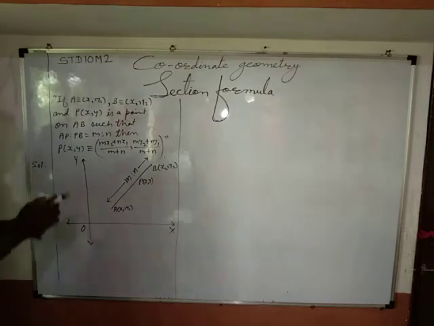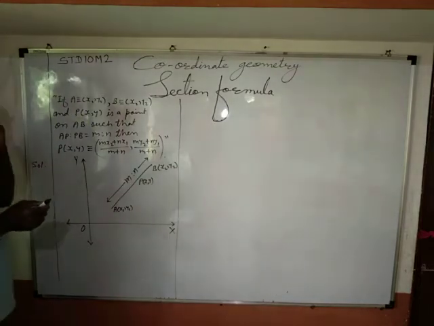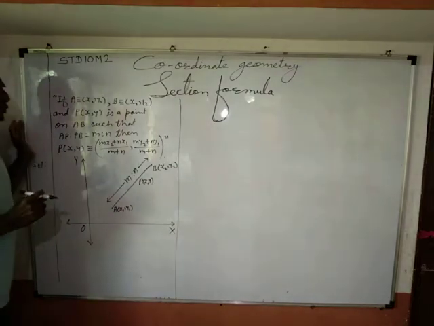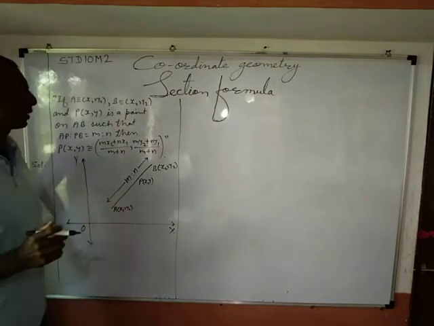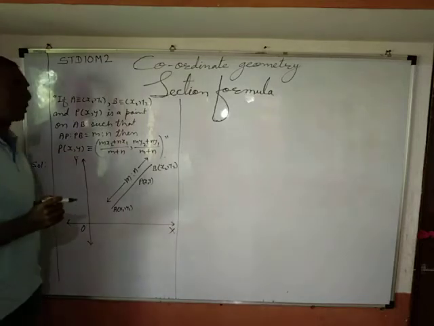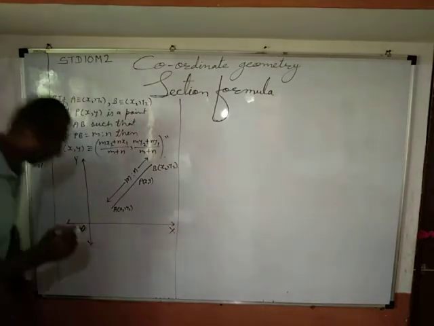We are interested to prove that P(x, y) is ((mx2 plus nx1) upon (m plus n), (my2 plus ny1) upon (m plus n)). For that we need some construction.